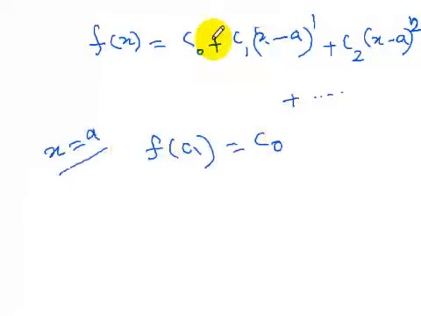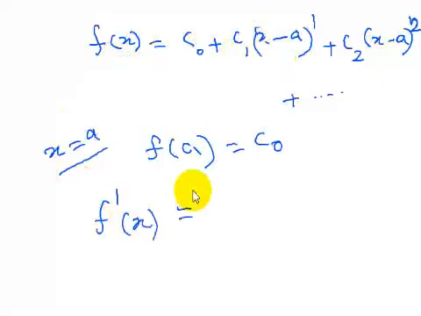So how do we find the next coefficient? This is where differentiation comes into play. You can differentiate this equation, right? Then what do you get? The left hand side is f prime of x.